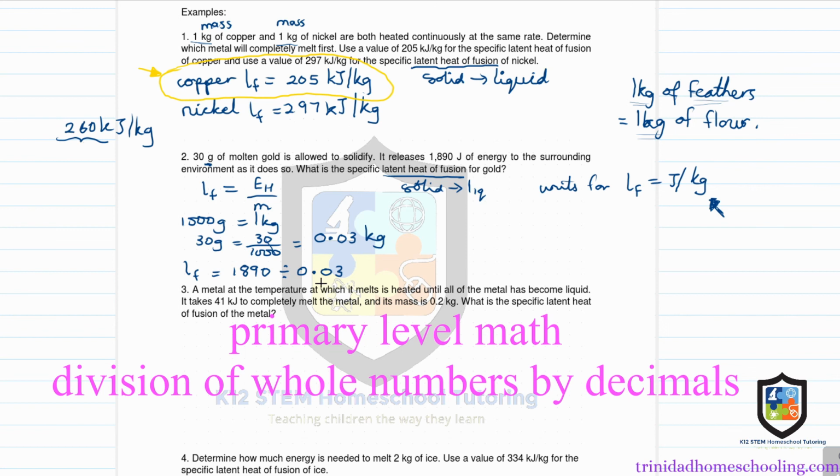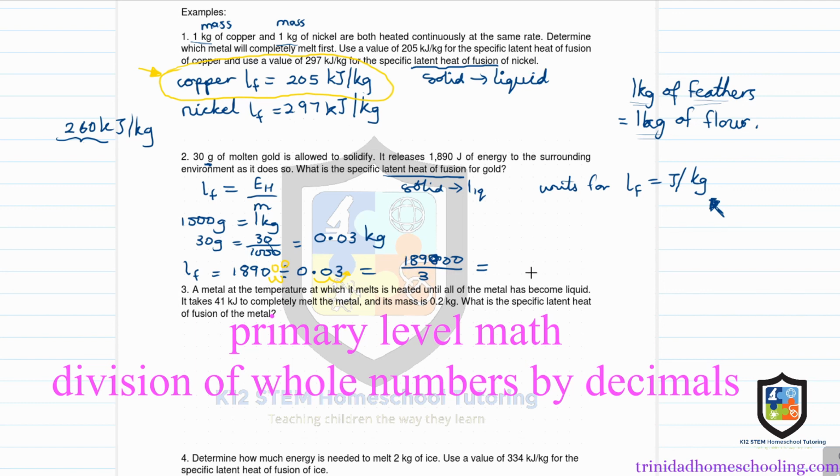Dividing by a decimal, we move the point such that we get a whole number as our divisor, and the number of places we move this point, we do the same thing here. So if I move this point 2 places, it means I am adding 2 zeros here. So I'm really dividing 189,000 divided by 3. And again, you don't need any calculators here.